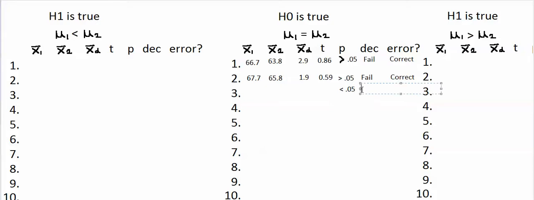Your decision would be reject the null. And in this situation, a rejection would actually be a mistake. If you reject the null and it's actually true, it's a type 1 error. And you can just go through some of these simulations here.